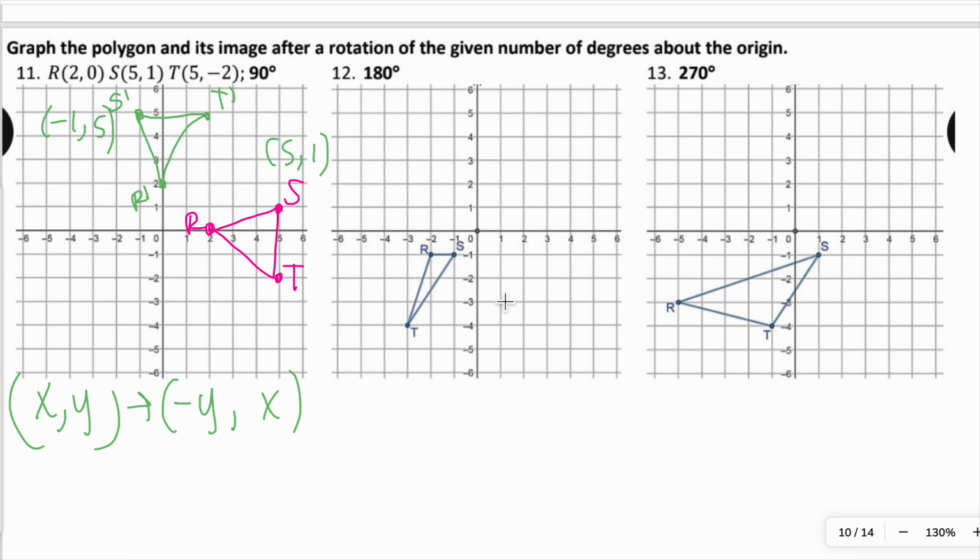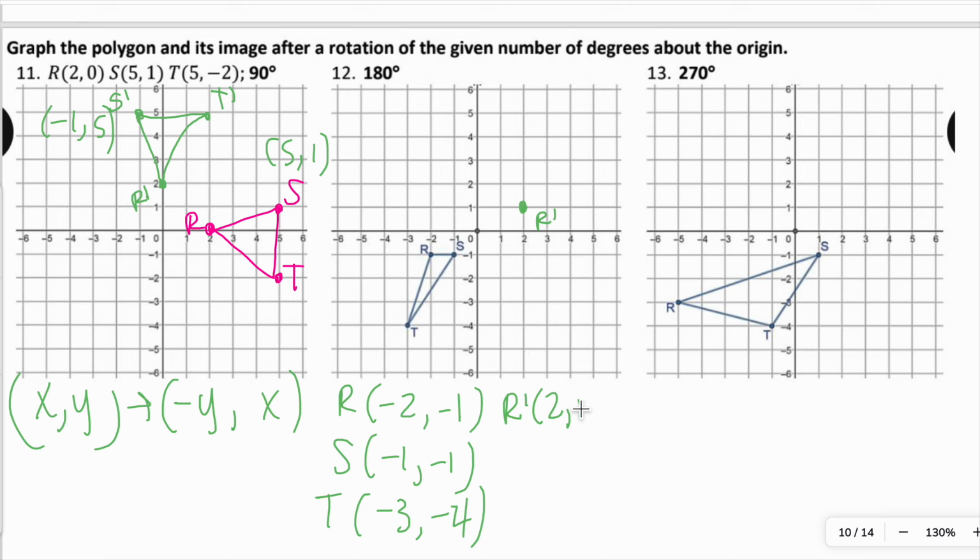For a 180-degree rotation, that means you're turning your paper upside down. So right now I have R at -2, -1, S at -1, -1, and T at -3, -4. So if you turn your paper upside down and then replot these points, it should end up like this. 2, 1 for R prime. S prime, 1, 1.